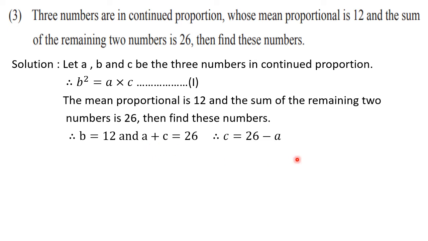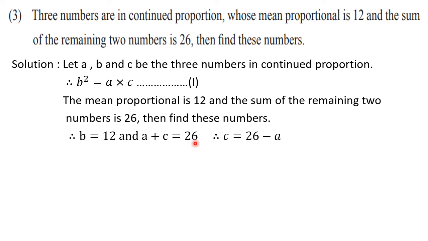Here I have taken A and 26 minus A because generally we are taking A, B and C. Mean proportional definition when we saw it as B square equals AC. So to avoid confusion, I have taken A, B and C. So always write down what is given to you from the question.